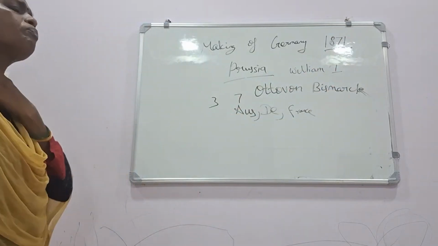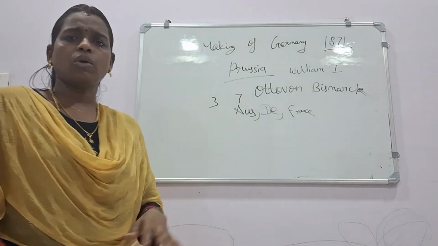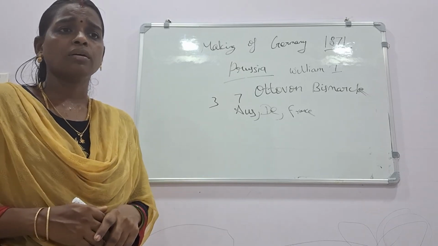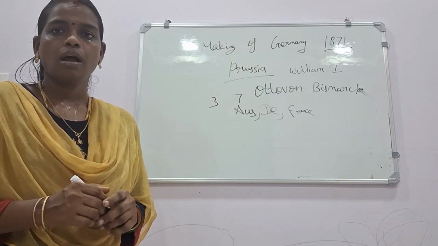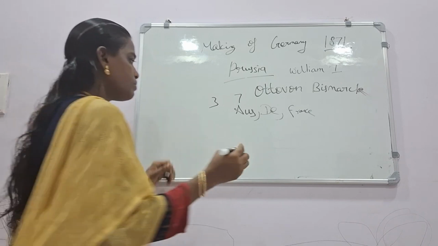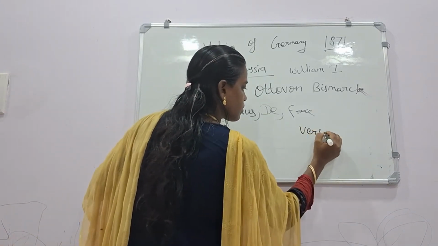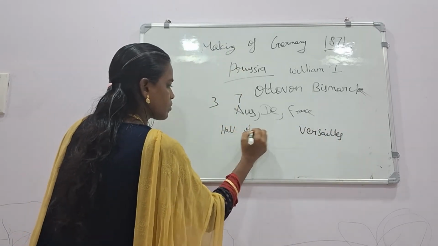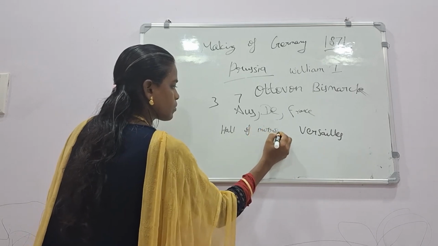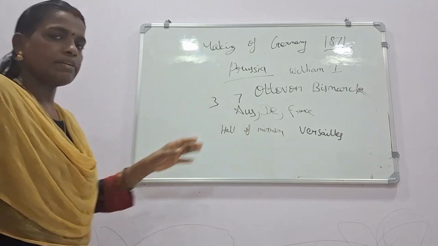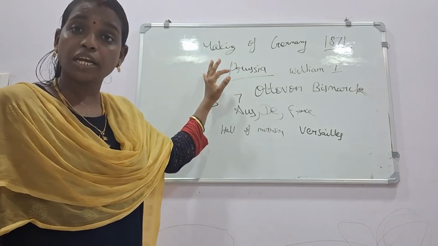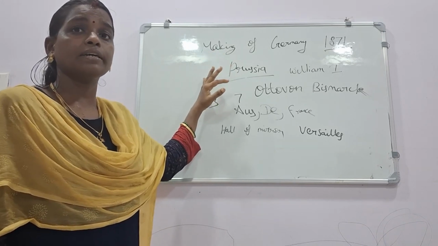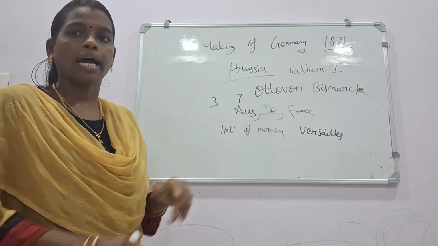Now all the people assembled in the Hall of Mirrors, Versailles. German states, Prussian ministers, and representatives of the army were there.